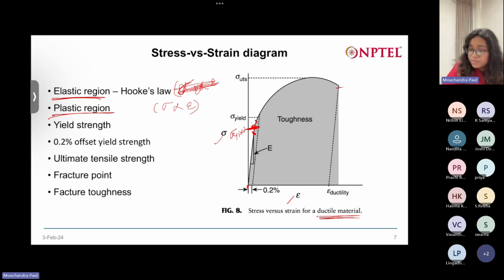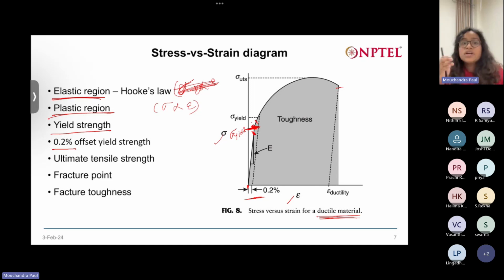Another quantity that people often define is called the 0.2% offset yield strength. This particular point is defined just 0.2% beyond the yield stress point. The 0.2% is coming from the strain: 0.2% of the strain has happened, so we find the corresponding value of stress, and from that we get the 0.2% offset yield strength.